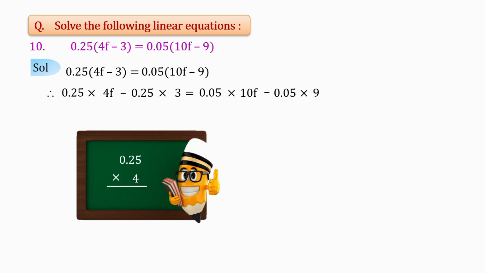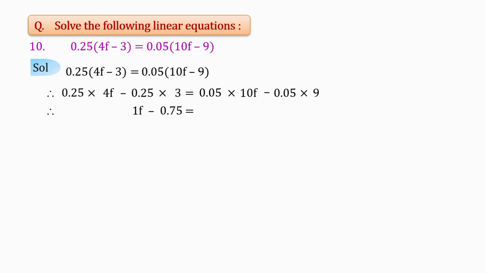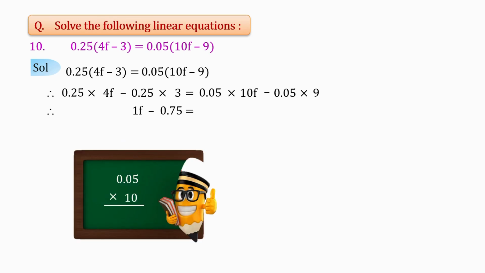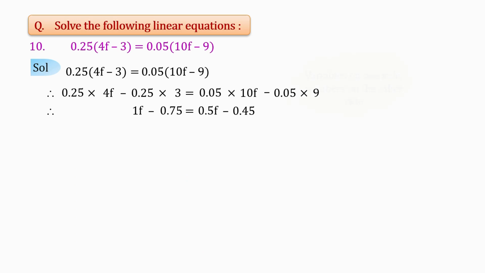Now we are going to multiply 0.25 with 4. Each step by step is shown properly.